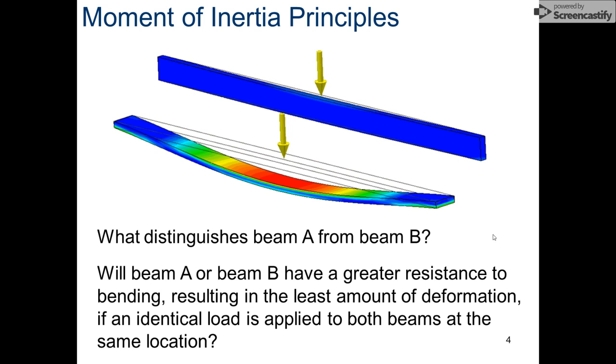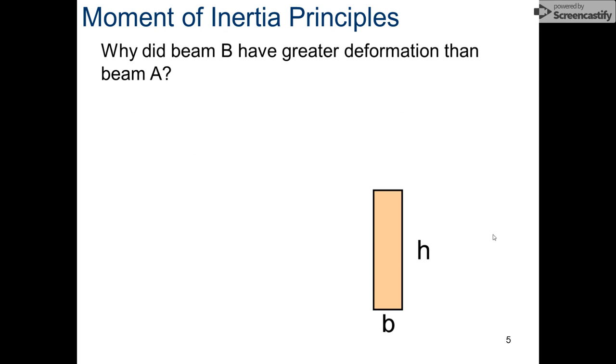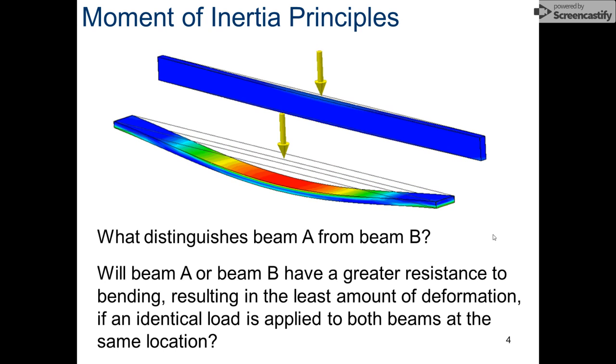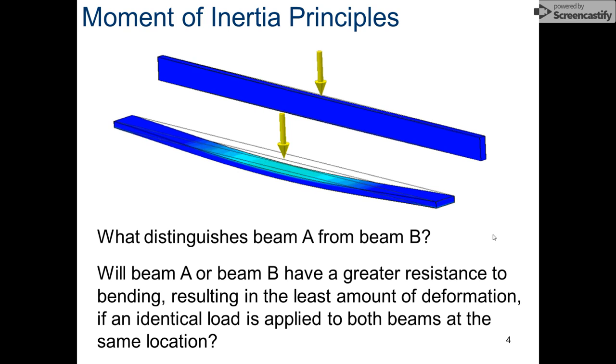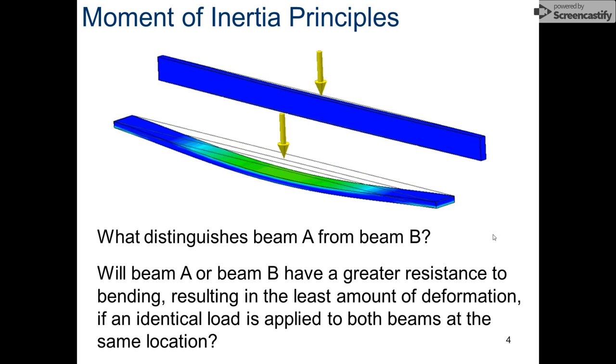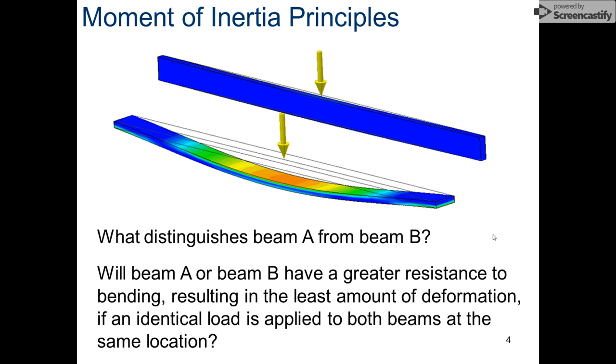And you can see that beam B has greater deformation, right? There's very slight movement in beam A, but plank B, you see that load is bending, and we have deformation there.